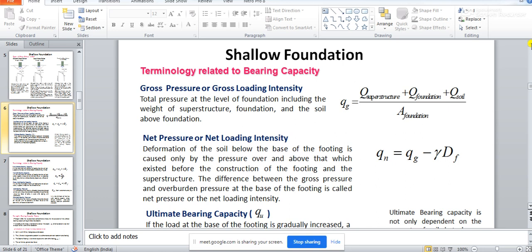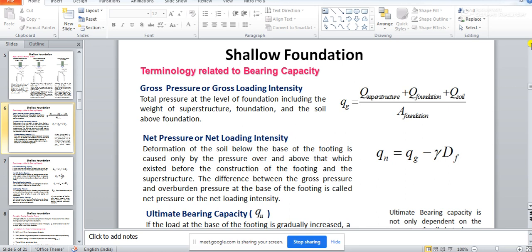Now see, the first terminology you need to understand is the gross loading intensity or gross pressure intensity. So what is gross pressure or gross loading intensity? Let's say you are constructing a house and under the house there is a foundation.